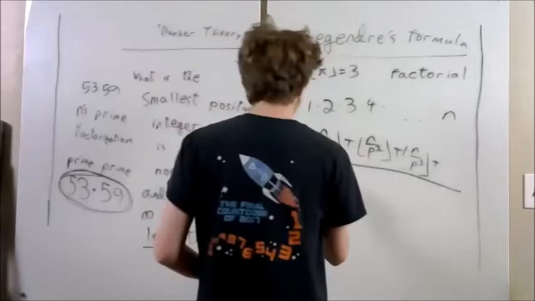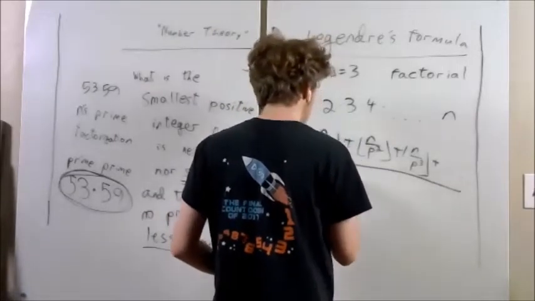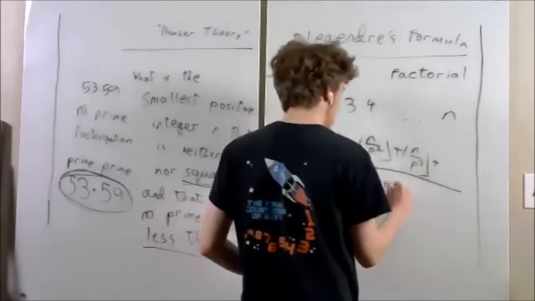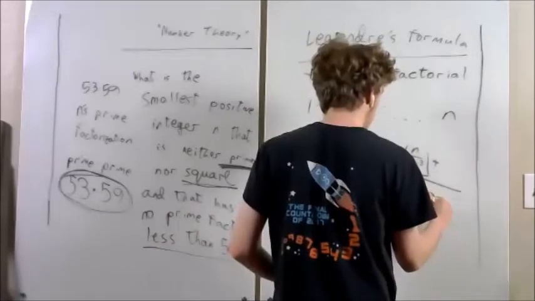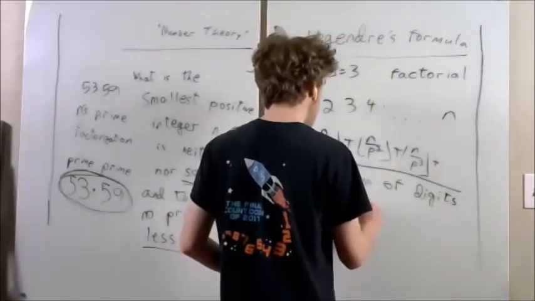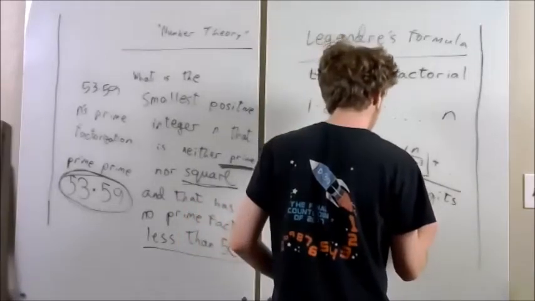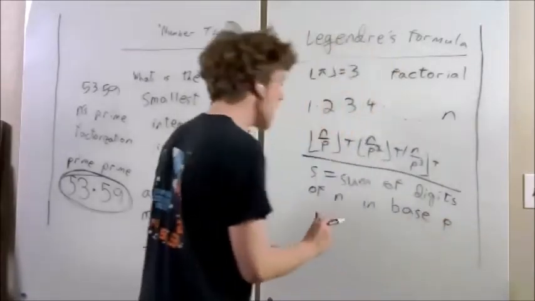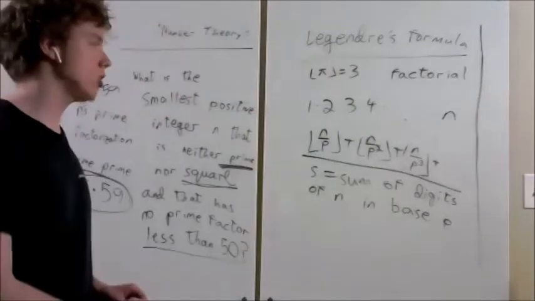But another way is to think of it as s is the sum of the digits of n in base p. Write n in base p and then take the sum of its digits.